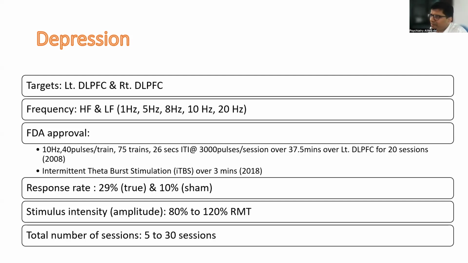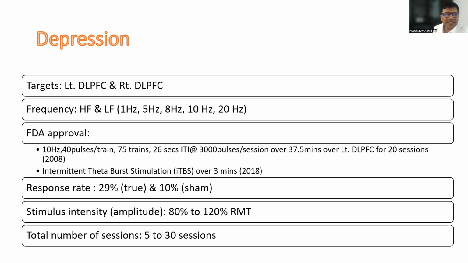If I need to receive a therapy at 120% of the resting motor threshold, then 120% of 50 will be 60. So we have to deliver that therapy at 60 amplitude. Similarly, if you have to deliver it at 80%, then it will be 40.